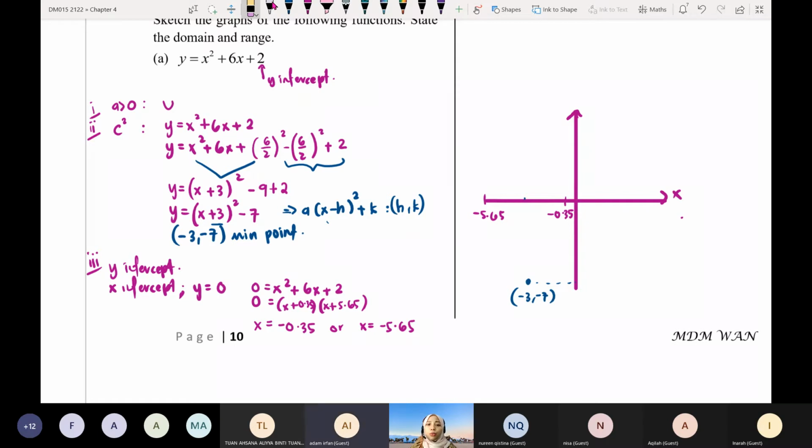So dia kata dia cut pada 2, betul? So akan cut pada 2 nanti. So you tariklah benda ni, buat smooth sikit lah.